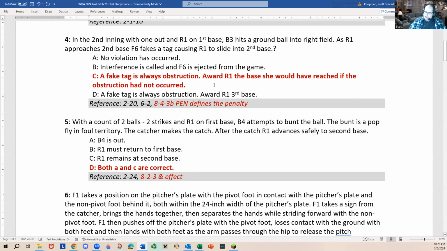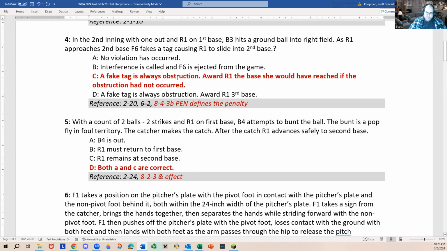So what do you do with obstruction? Well, on obstruction, you award R1 the base you would have received if the obstruction had not occurred. Now this one is only if the obstruction was put into play. So it's a delay dead ball.